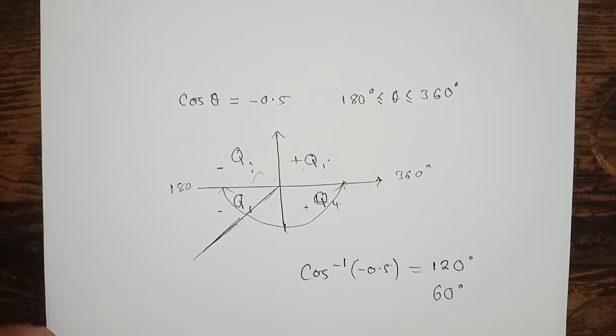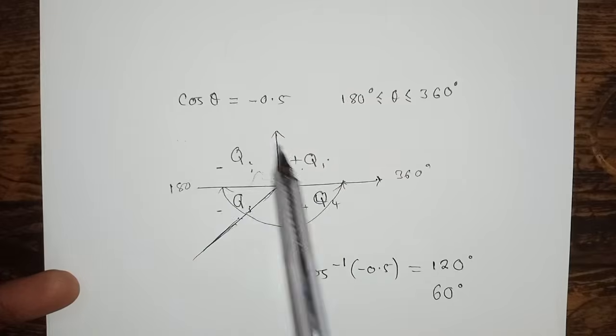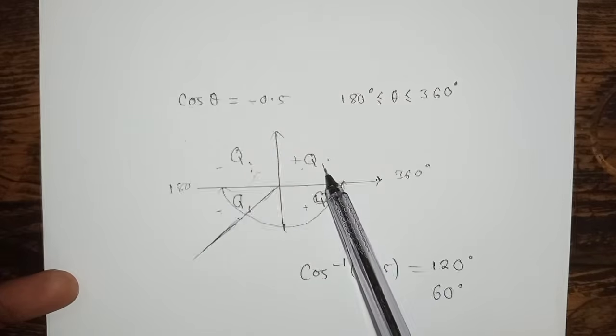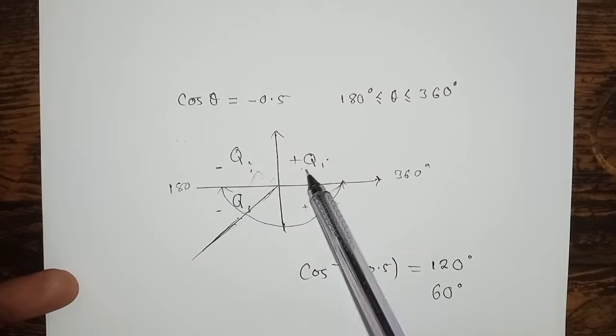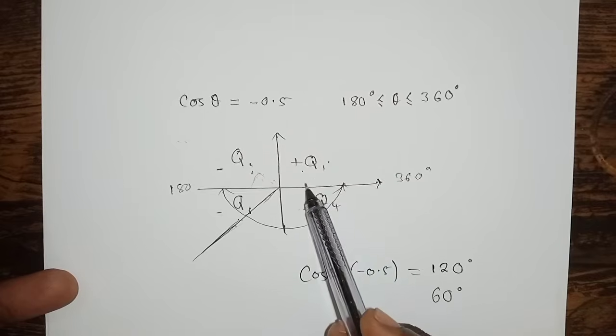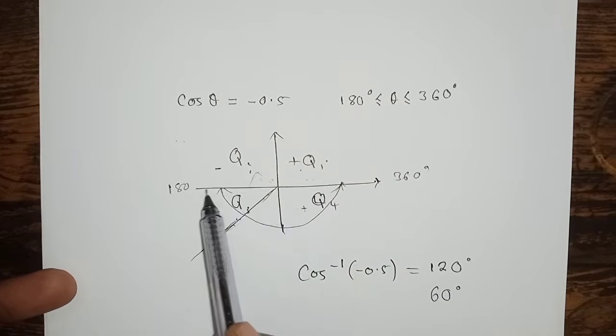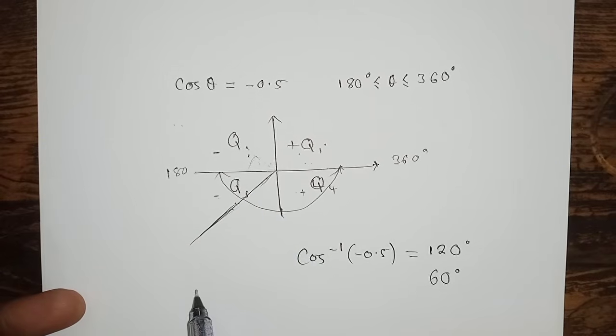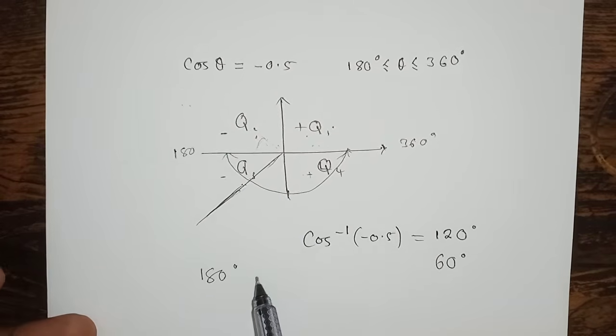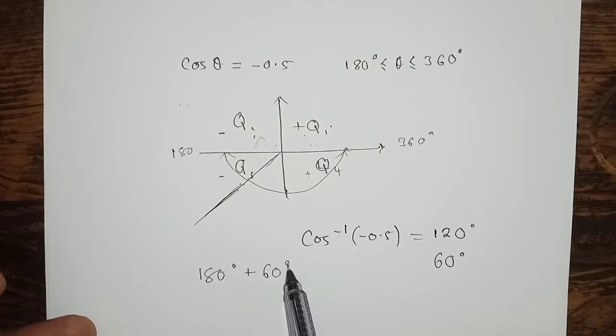That's the difference. Or if you want, you can forget about the negative so that you find cos inverse of 0.5, which is 60, somewhere here. So now this 60, you come and add it to 180. So you say 180 degrees plus 60 degrees.